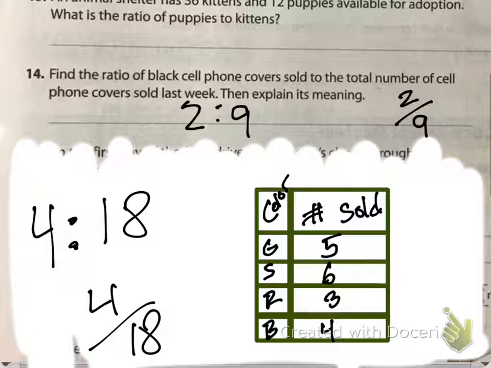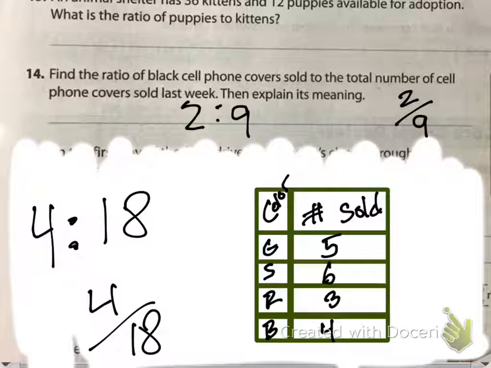And what is the meaning of that? I'm not going to write it down, but what is the meaning of that? Somebody, Trey. 2 nines. What's the meaning of that, Lucy? 2 out of 9 covers. Exactly. She said it perfectly. 2 out of 9 covers sold were black. 2 out of every 9 covers sold were black.